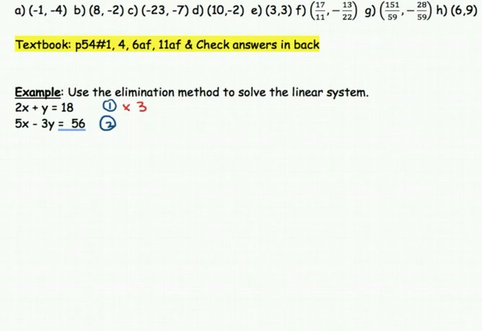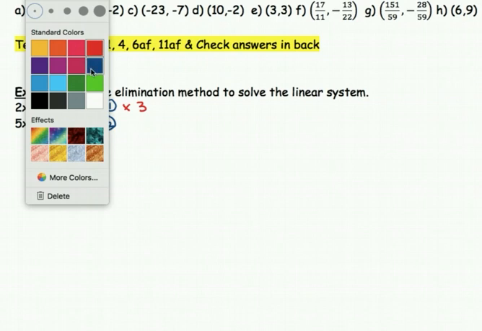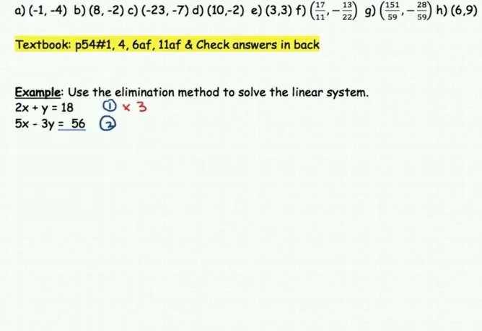Let's rewrite that with the change. Equation number 1: 2 times 3 becomes 6x. The y times 3 becomes 3y. And then 18 times 3 becomes 54.